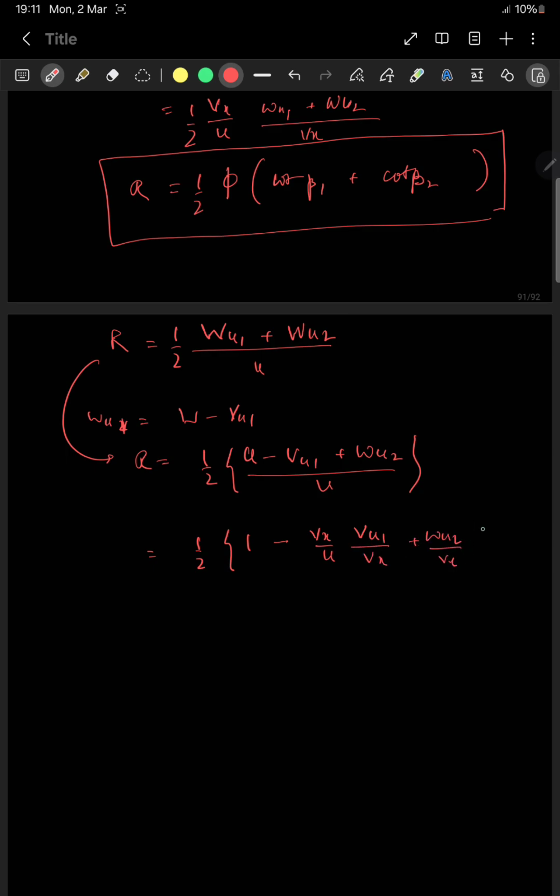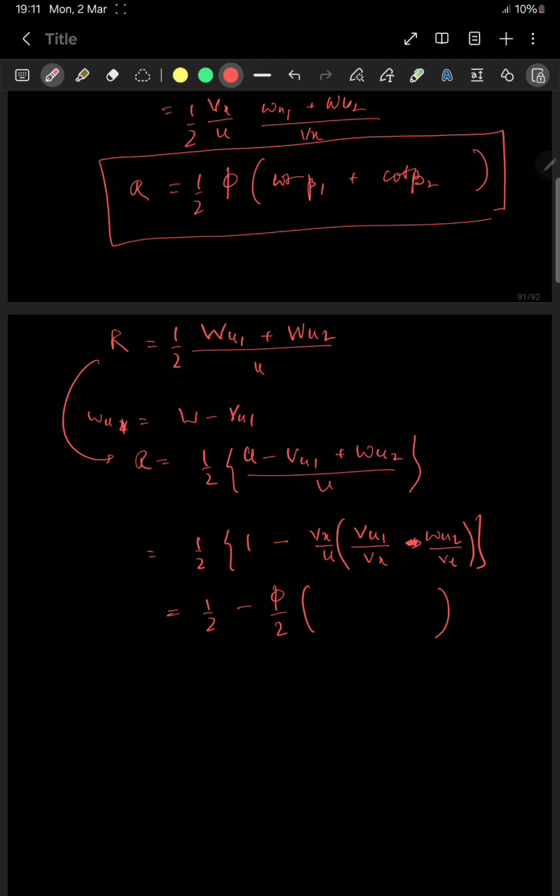Okay, this half minus this is phi by 2, and this is vx, just a minus over here.